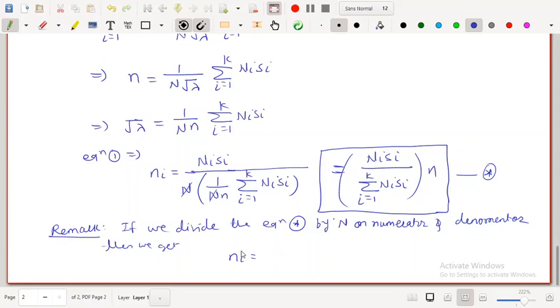Then this expression will be like this: ni equal to n into Wi Si upon summation i running from 1 to k Wi Si. So this is the formula for small ni in terms of Wi, where Wi means the ith strata size weight. Thank you.